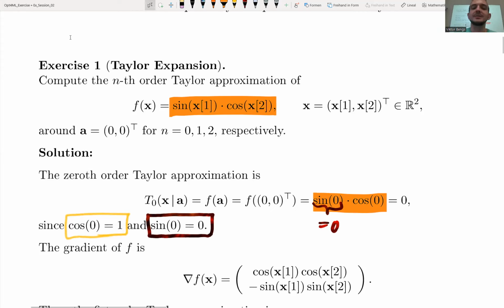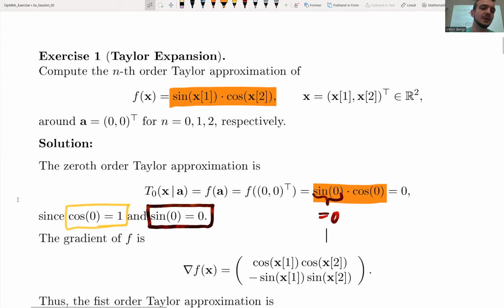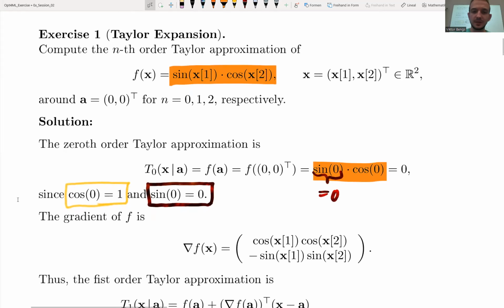And needless to say, this is in many cases not the best approximation, especially when we move away from the point around which we do the approximation. So if you go left, right, or in the two-dimensional case also to the diagonal, definitely this approximation won't be the best anymore.